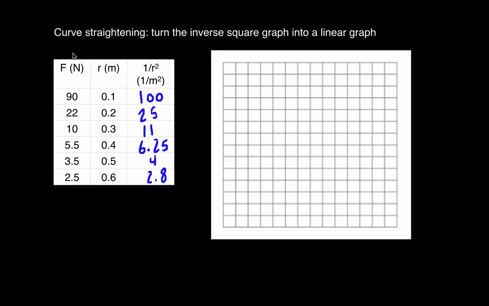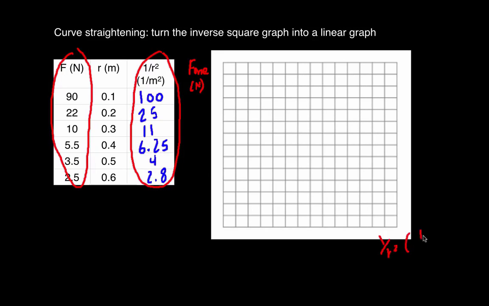We then take our force data and our 1 over r squared data and plot it on the graph. Again, force is on the y-axis, but this time 1 over r squared is on the x-axis. Plotting our data points should give us a linear graph.